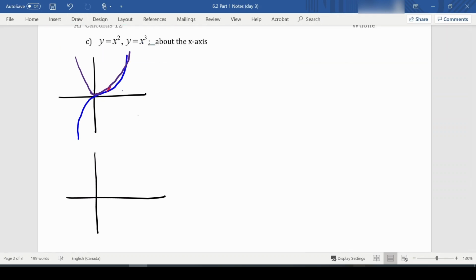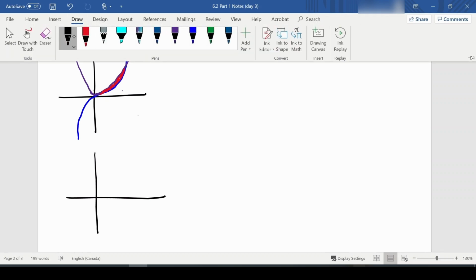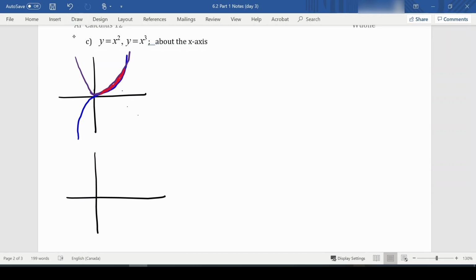So we have this area in here, and we would need to know our points of intersection because I don't know what my a and my b are unless I know where we are intersecting.